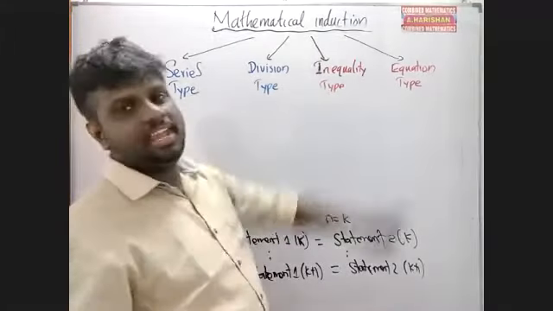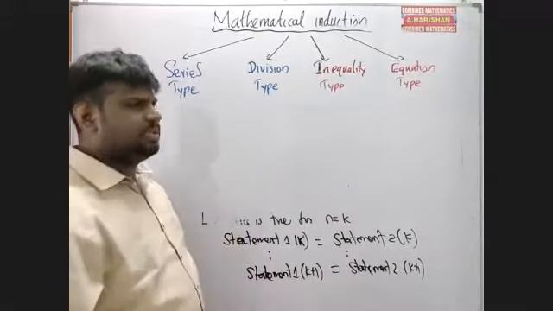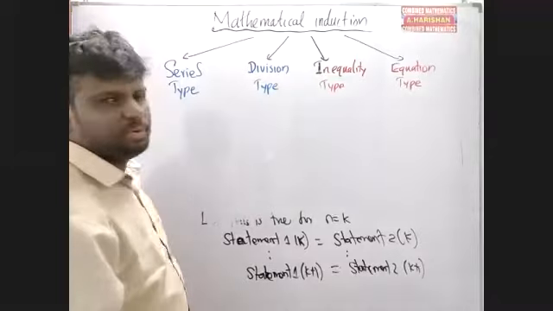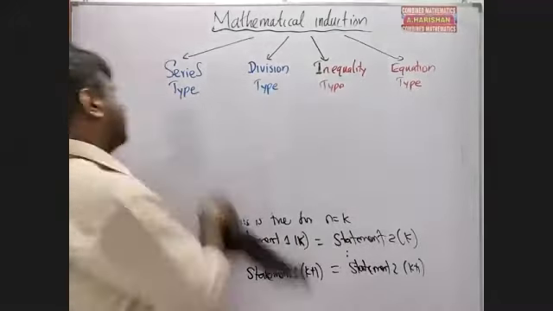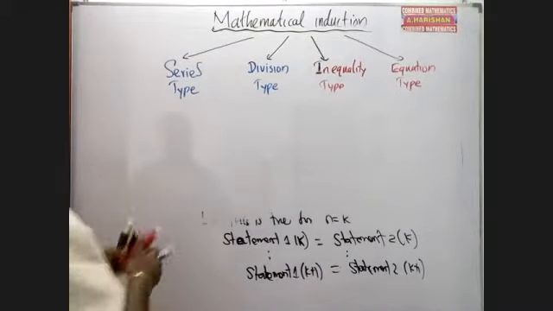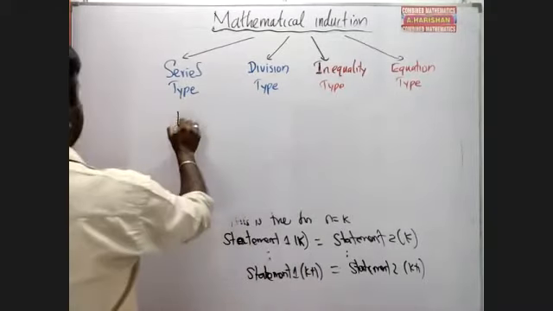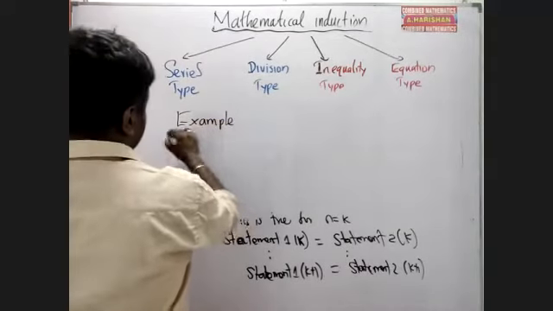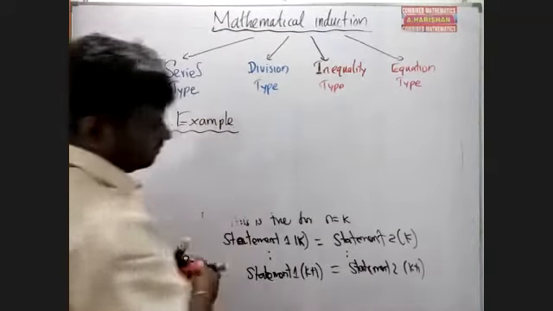The equation type we had, I think, in 2001. And before that, we had many equation type questions, where you have to think and do. Right? Okay, so we'll start with the first question. Write down the example, mathematical induction. The first example, okay?